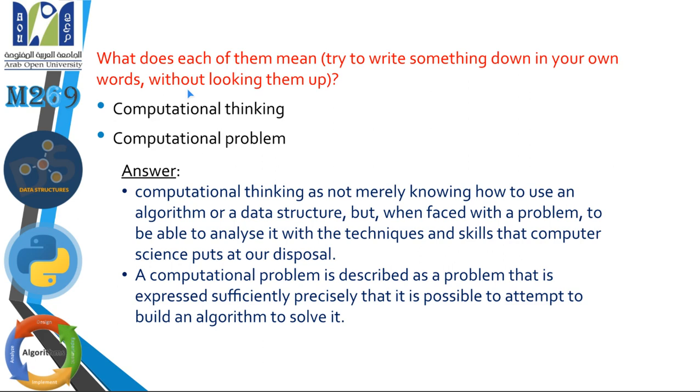You might face a problem that you never faced before, but because you have skills in computer science, you can use them to solve it. That is computational thinking: how to think to solve a problem using your skills, even though you have not faced it before.